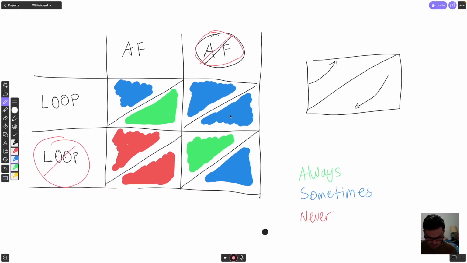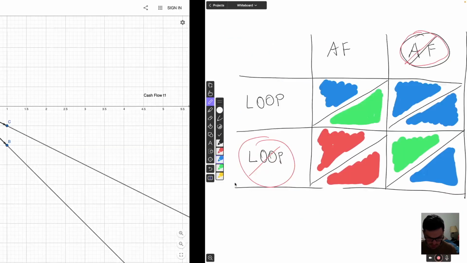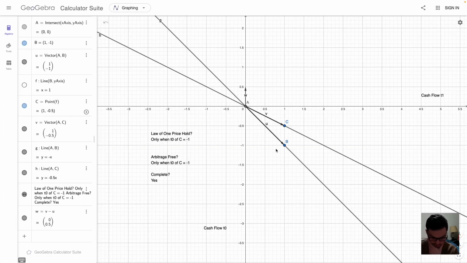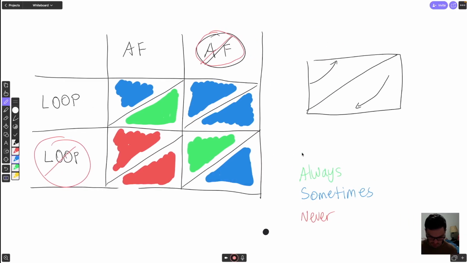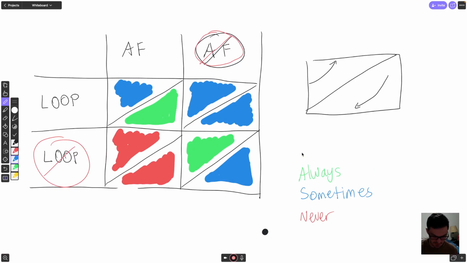Remember, we're looking at arbitrage free not holding, so we're looking at an arbitrage situation. And the law of one price does not hold, right? This was our example of the law of one price not holding: same payoff in the future, different price today. So we just proved that something exists at least there. We also need to prove that something exists up there as well.